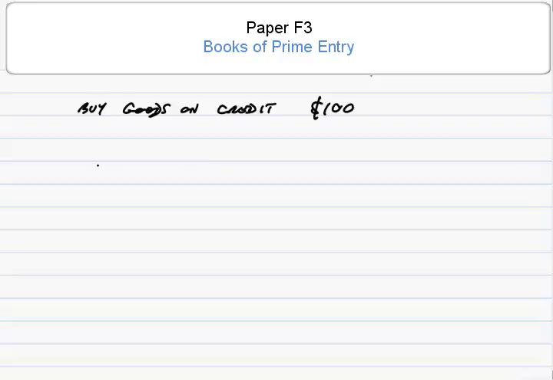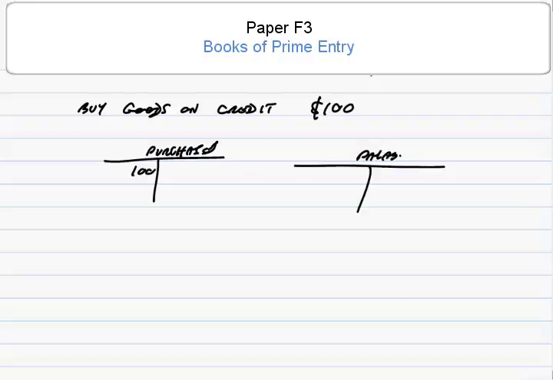To buy goods on credit, you debit purchases, you credit payables. Now that is the entry, it's no problem. And in the questions we've been doing, no problem at all. There've only been 6, 7, 8 transactions.